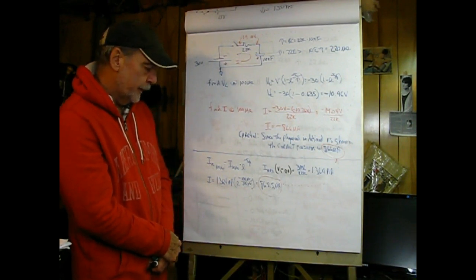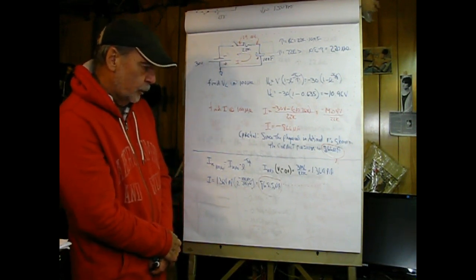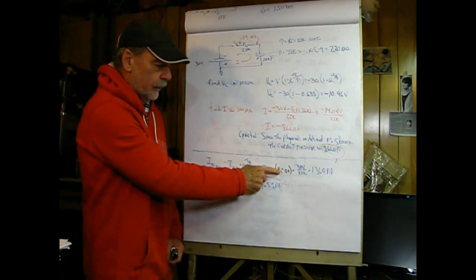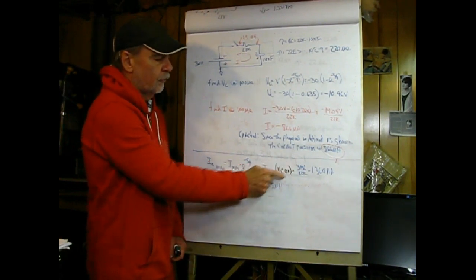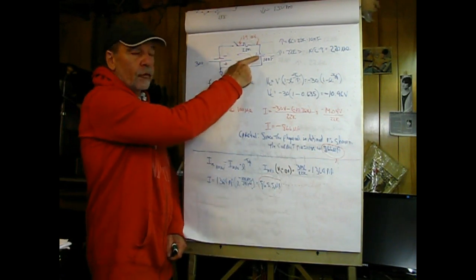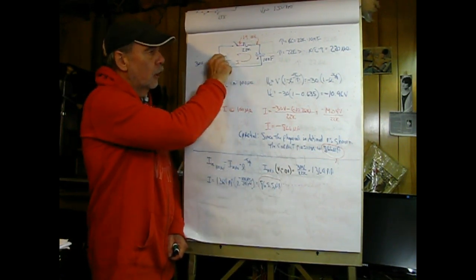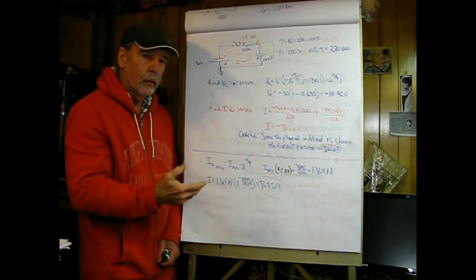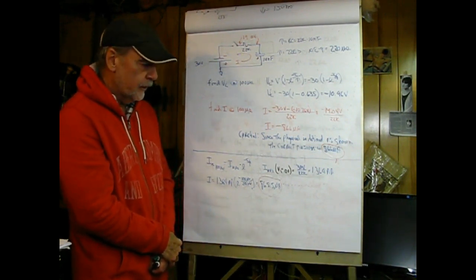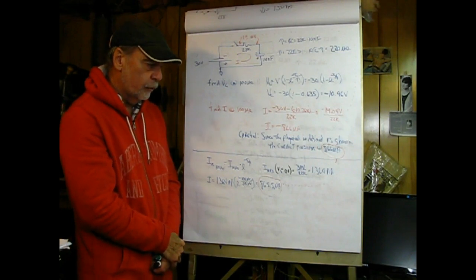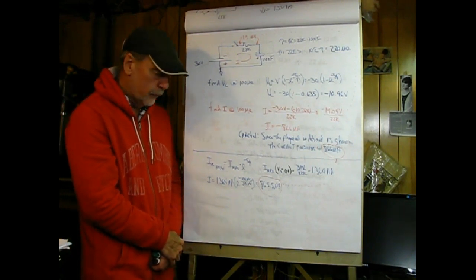Well, if we take a look at it, when VC is equal to 0 volts, I max would be 30 volts divided by 22K. So if this voltage is 0, all of the source at t equals 0 plus has to be across the resistor. And Ohm's law tells us that that'll come out to be 1.364 milliamperes.